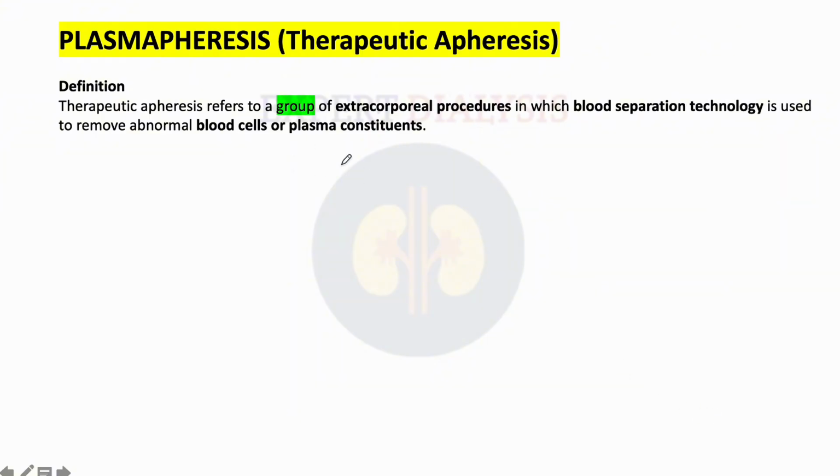So here is a small recap of the previous video where we talked about the definition. Therapeutic apheresis refers to a group of extracorporeal procedures in which blood separation technology is used to remove abnormal blood cells or plasma constituents.